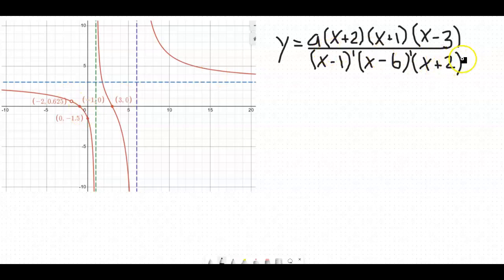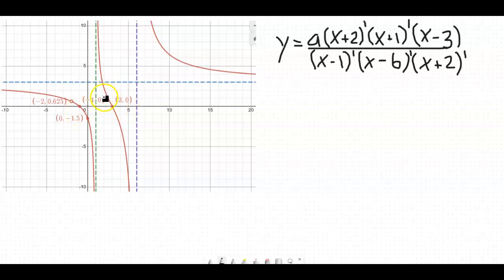So here, I'm just going to leave this as a 1 as well. And on top here, I'll just leave that as a 1. Now this may end up having to go up depending on some other factors. All right, now let's look at where it crosses at -1. It looks like it fully crosses through the x-axis. So that will also be an odd multiplicity. So I'll put a 1 there.